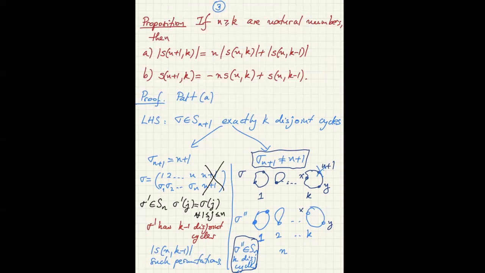So the count in this situation is going to be n, which is the number of places you put in n plus 1, times the number of such permutations sigma double prime, which is s(n,k).